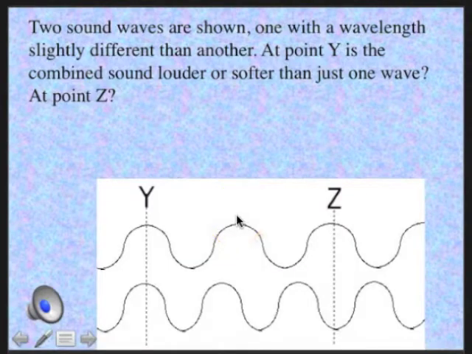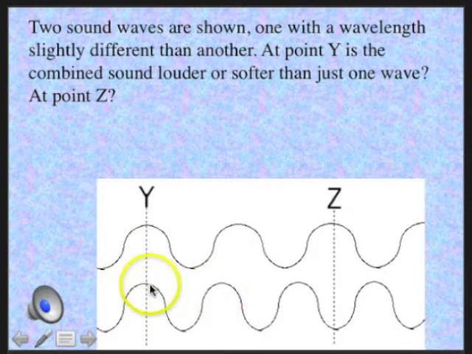Another thing that waves can do is that they can interfere with each other either constructively or destructively. Here we have two sound waves depicted, but one is just a little bit smaller wavelength than the other. This bottom one has a slightly different wavelength.